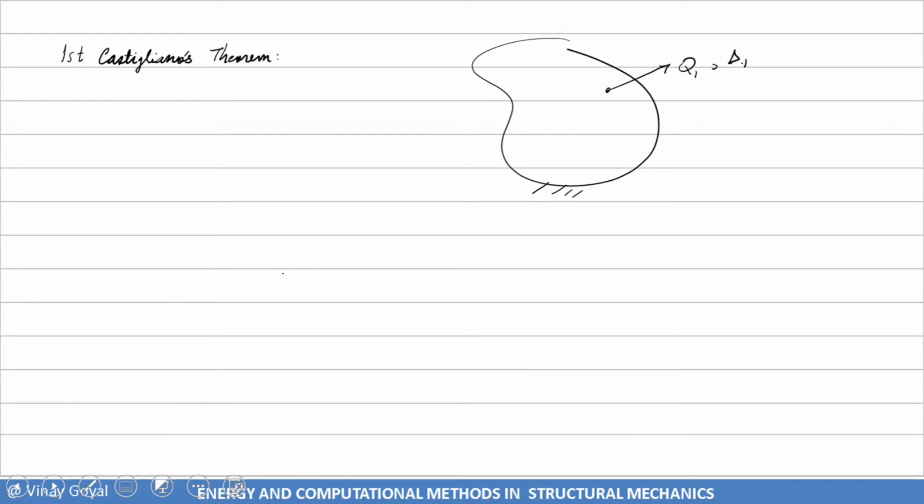What it's telling us is if I calculate the total potential energy, then I get pi equals, and of course I'll get the strain energy of the system.